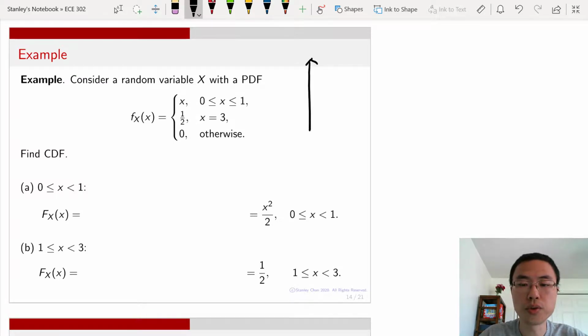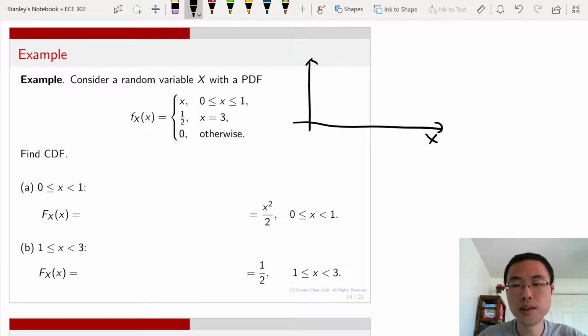Let us draw the picture. For x between 0 and 1 it is a straight line with a slope of 1, and after 1 it goes to 0. At 3 you have an impulse of 1/2, and it is 0 otherwise. So this is the PDF.